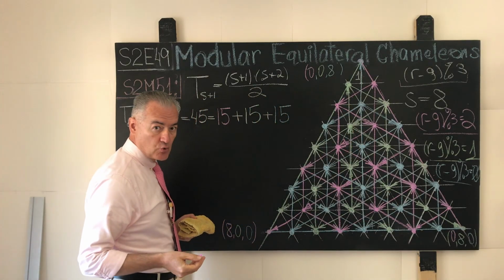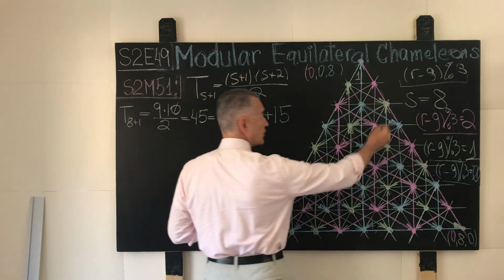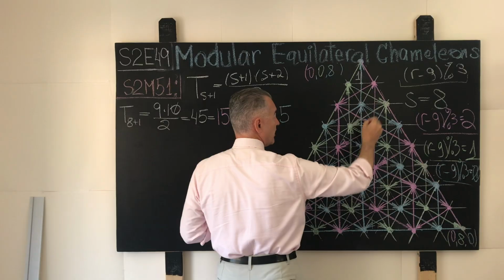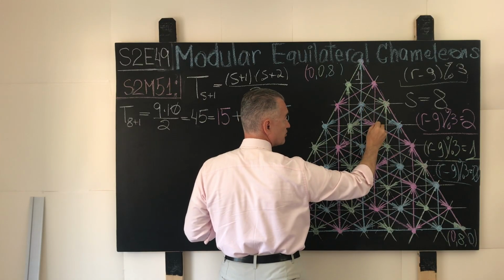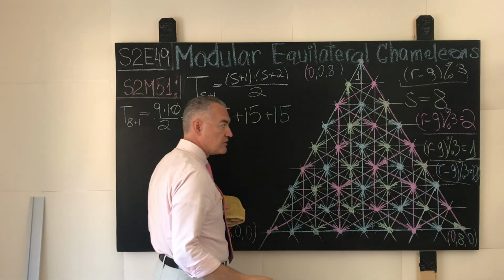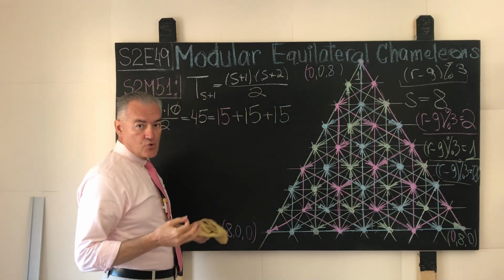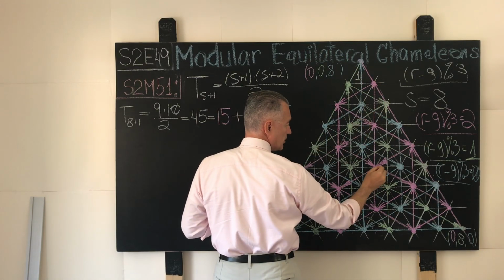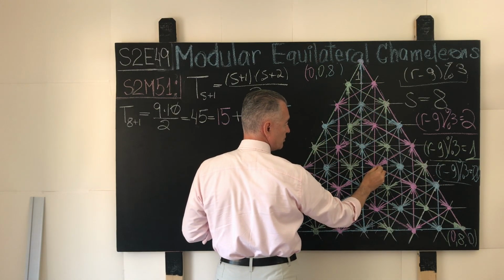Sometimes such an orbit is unique. For example, there is only one way to get from this point to this point. This is evident by this vector. And from this point, we can get to this point evidently only in one way, left and right. However, in general, such orbits are not unique. For example, from this red point, in how many distinct ways can we get to this point?